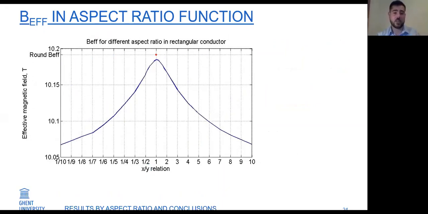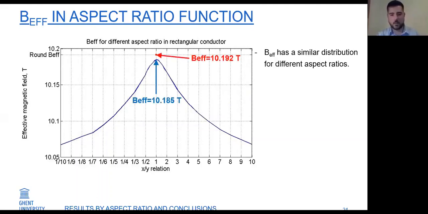And we see the opposite with the magnetic effective field going down, so the conductor feels less magnetic field in the whole conductor when the ratio is bigger.